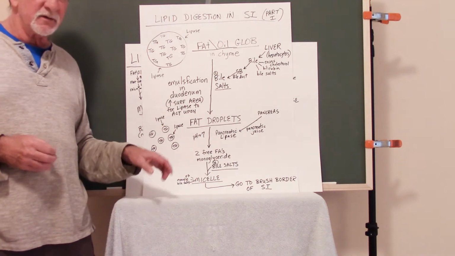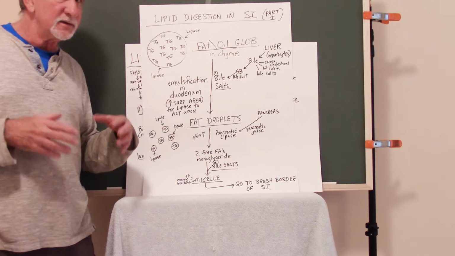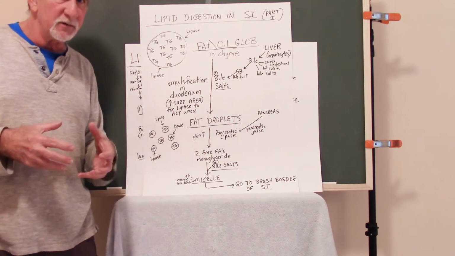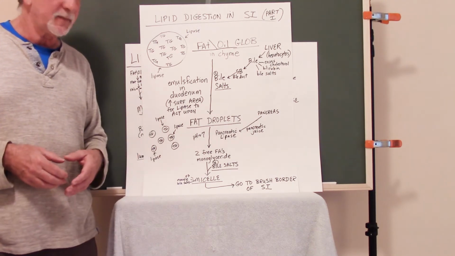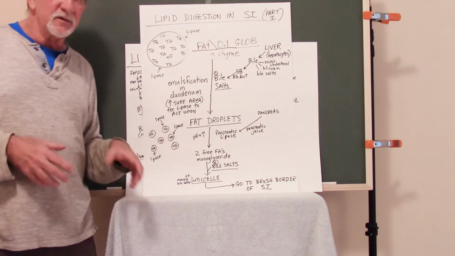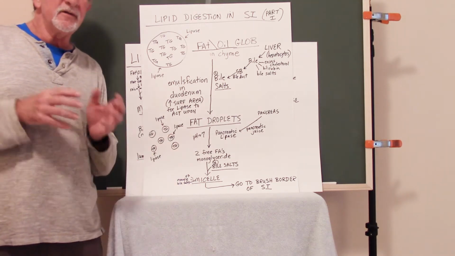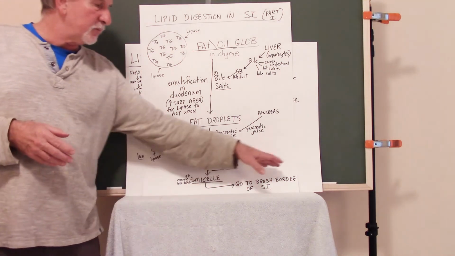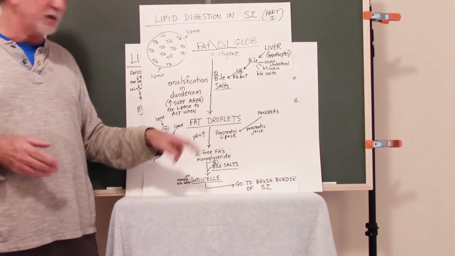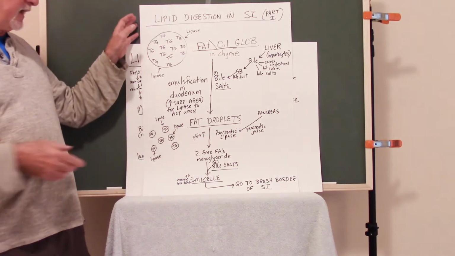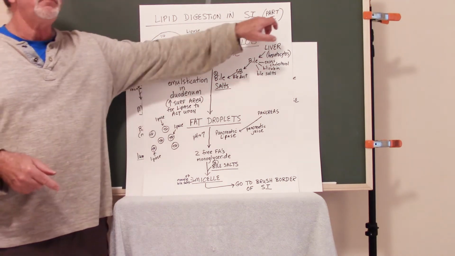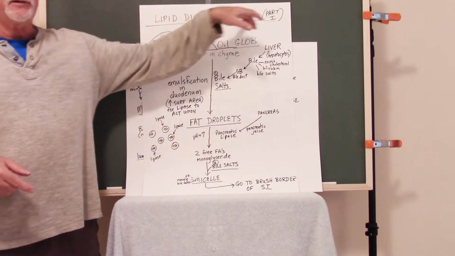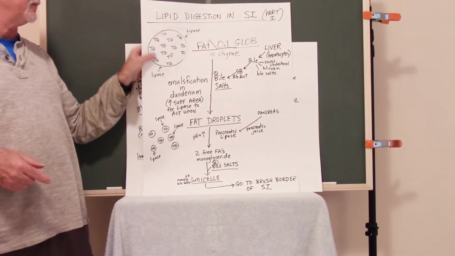Now the micelles consist of fatty acids and monoglycerides and bile salts all bonded together. And it's the micelles as they form that then diffuse through the intestinal juice to the brush border of the small intestine. And that's where I'll pick up the story in part 2 of lipid digestion in the small intestine.